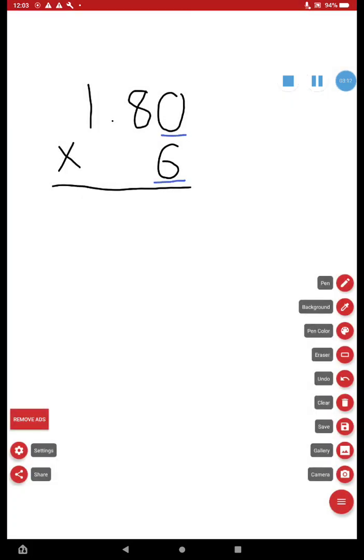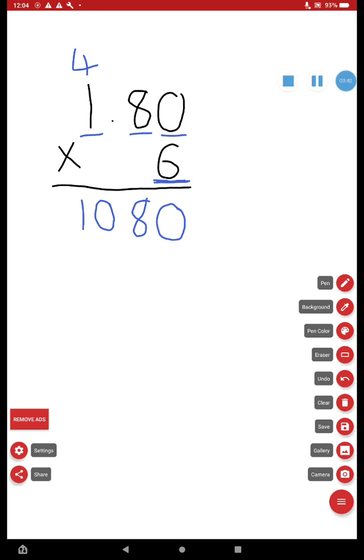6 times 0 is 0. 6 times 8 is 48. Write down the 8, carry the 4. 6 times 1 is 6. Plus 4 is, 6 plus 4 is 10. No place to carry the 1, put it there. $1,080?